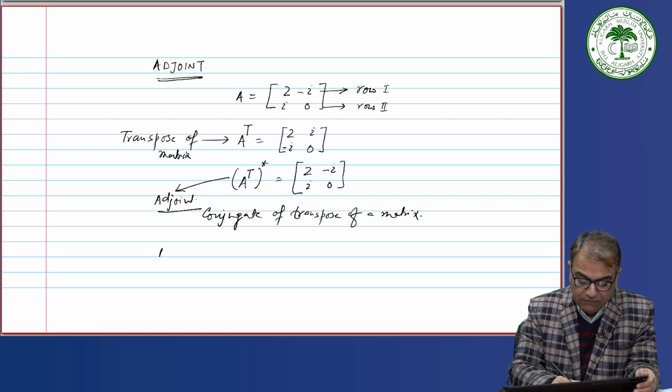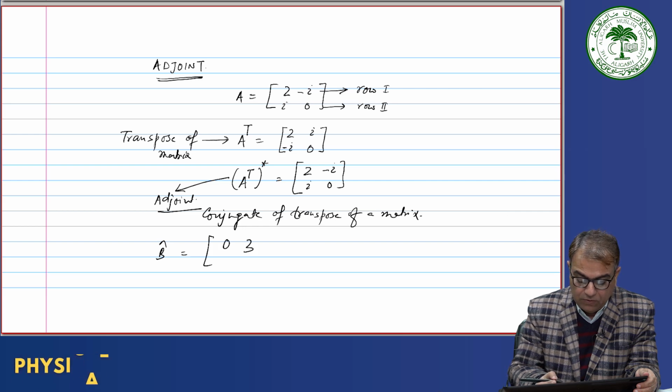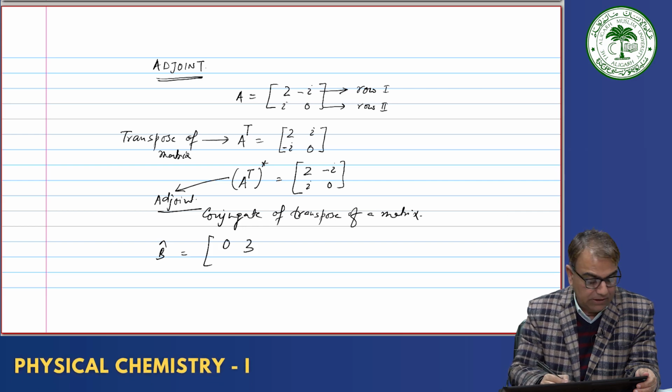So for example, you have a matrix B. Then you can write B transpose is equal to what?